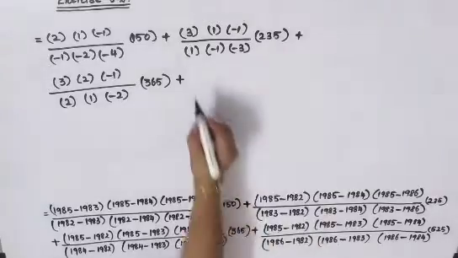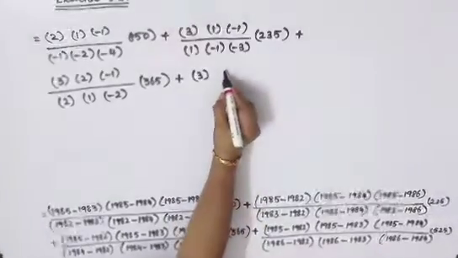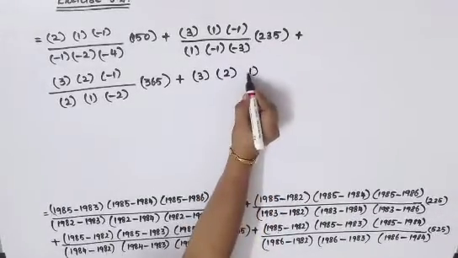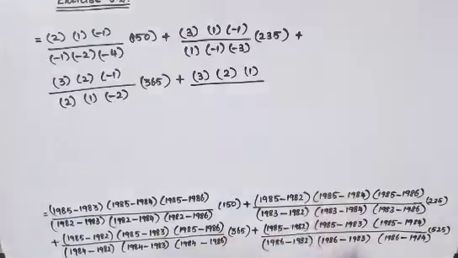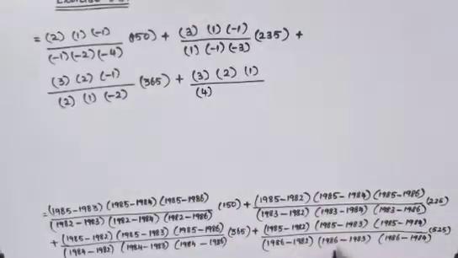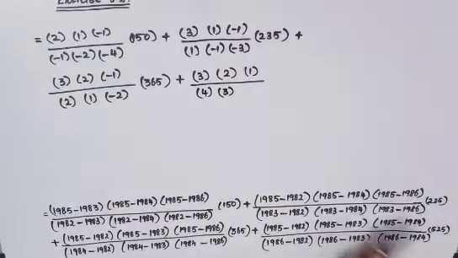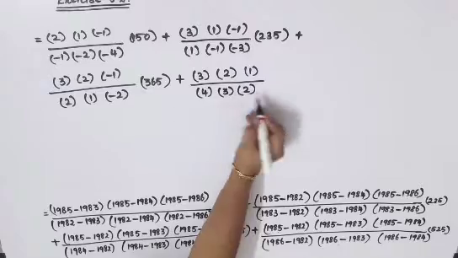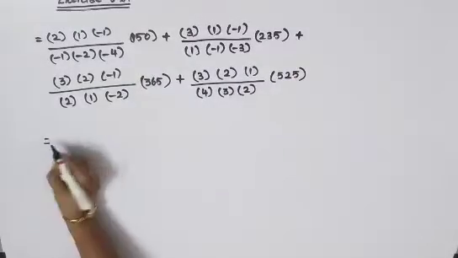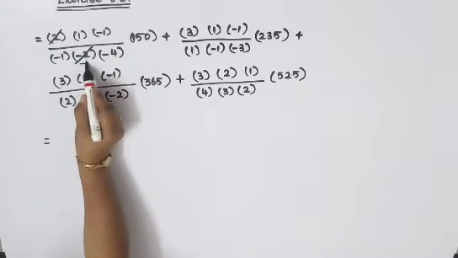85 minus 82 is 3. 85 minus 83 is 2. 85 minus 84 is 1, divided by 86 minus 82 is 4. 86 minus 83 is 3. 86 minus 84 is 2, into 525, which is equal to, can cancel this 2 and this 2, so you'll get minus 1 here.